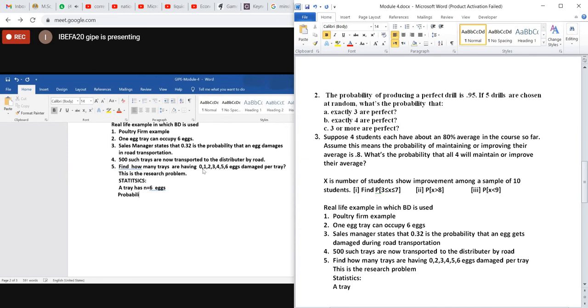The probability an egg is damaged is p equal to 0.32.